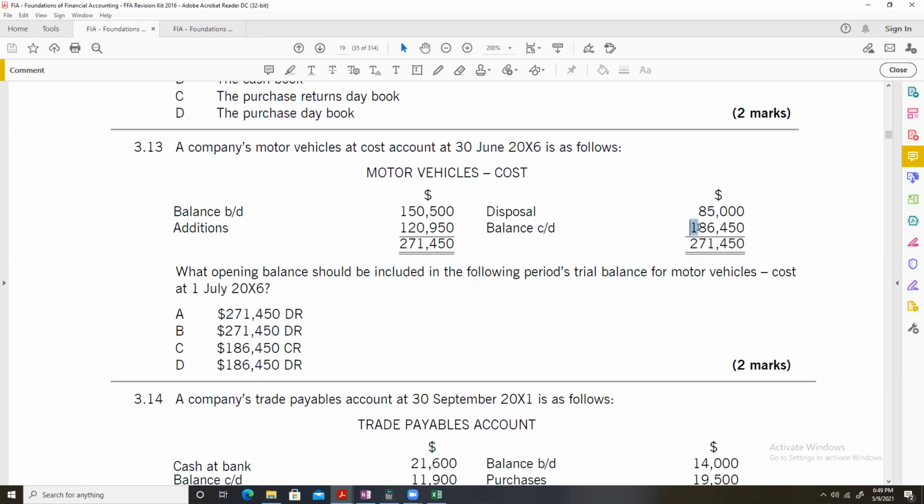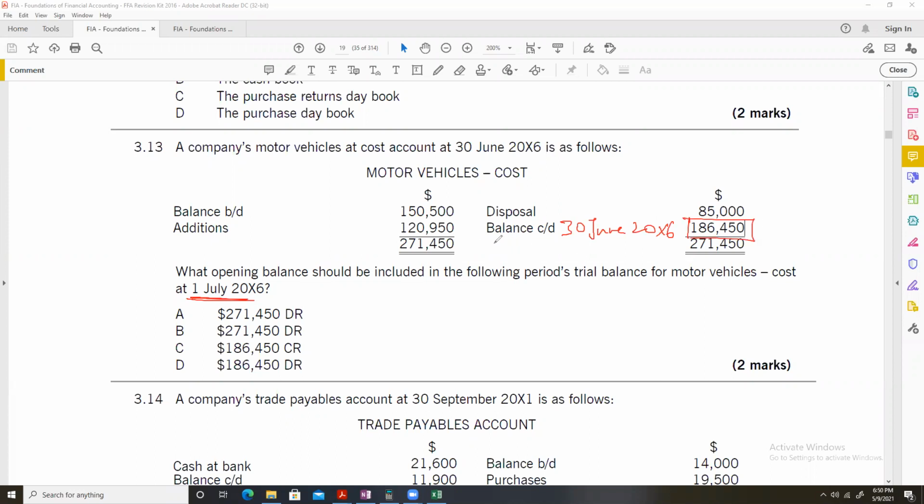This means that this should be the closing balance. This is the balance of the motor vehicles cost account on 30th June 2006. And on 1st July 2006, the very next day, what should be the balance?